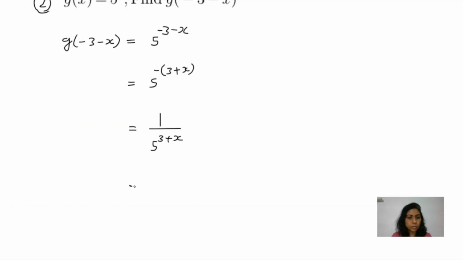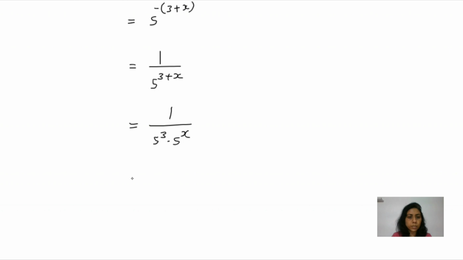So here 1 upon 5³ multiplied by 5^x, because here the powers are adding, so we can use the exponent property, 5³ multiplied by 5^x. And 5³ is 5 times 5 times 5, 5 times 5 is 25, and 25 times 5 is 125.